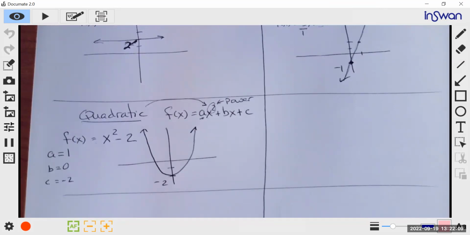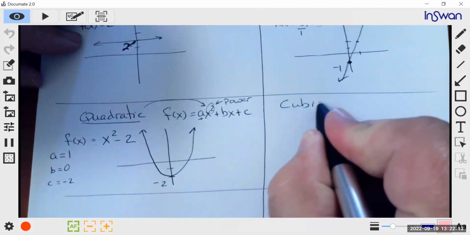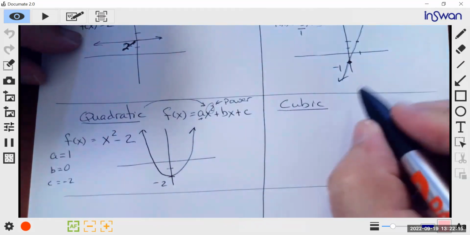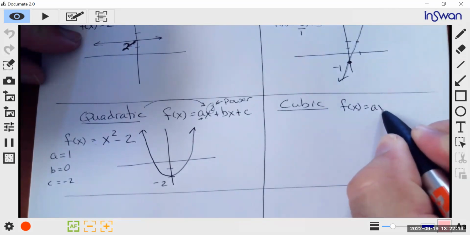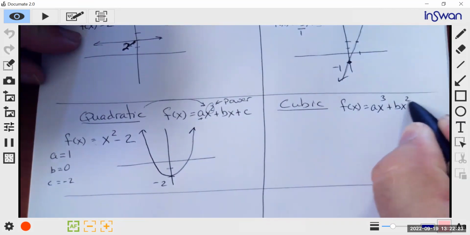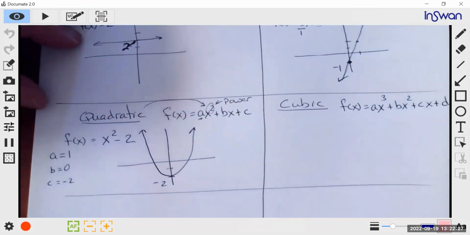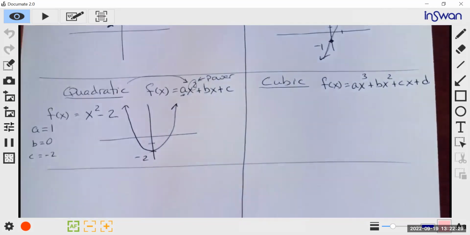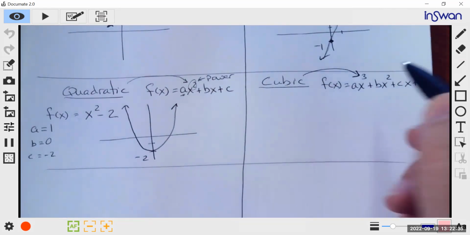Ready for the next one? The next one is called a cubic. A cubic equation, the biggest power it has is a 3.